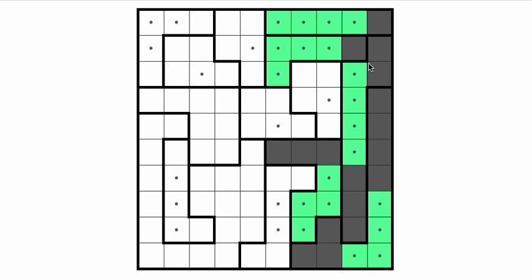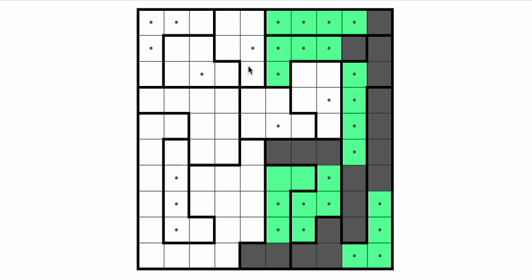Okay, so now we've got this black area coming down here, and it must go across the bottom and keep going. So now this one is done. Got an L right there. Okay, so now let's look up here at the top. This P, what if this were black?